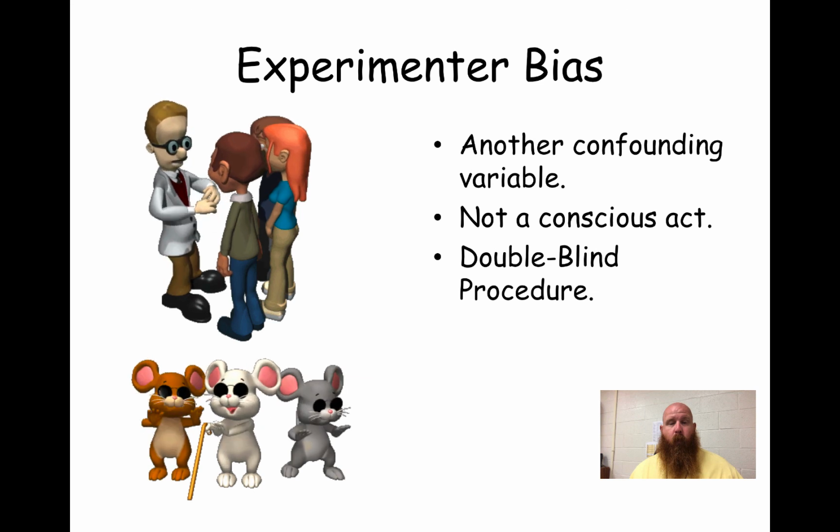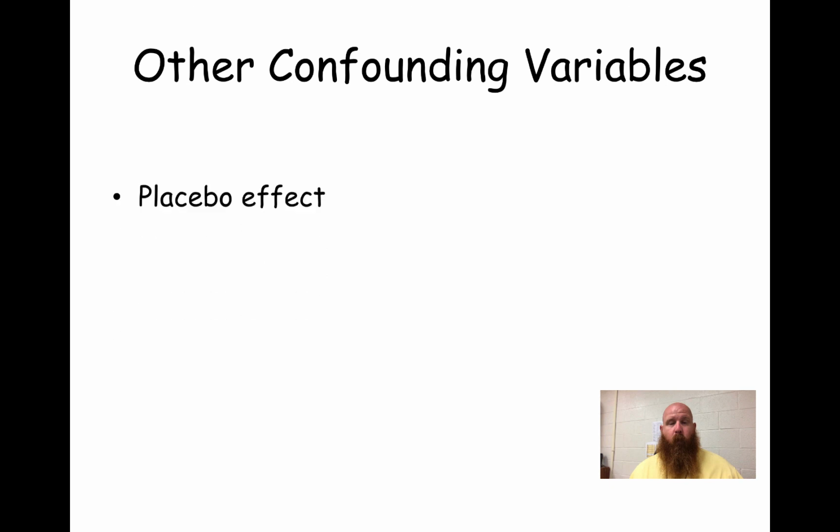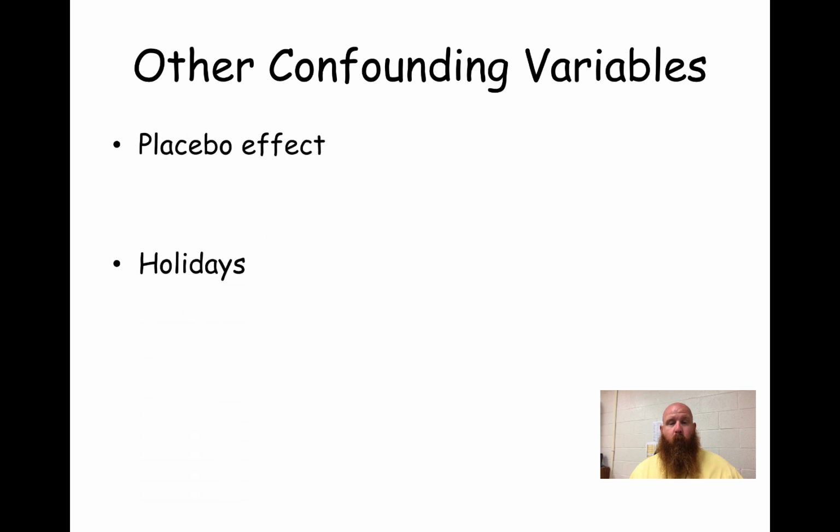Other confounding variables: the placebo effect. You thinking there's a change when there really isn't. You see this a lot in drug trials, trying to figure out if a drug works or not. One group will get the actual drug and another group will get either a sugar pill or something like that to counteract the placebo effect.